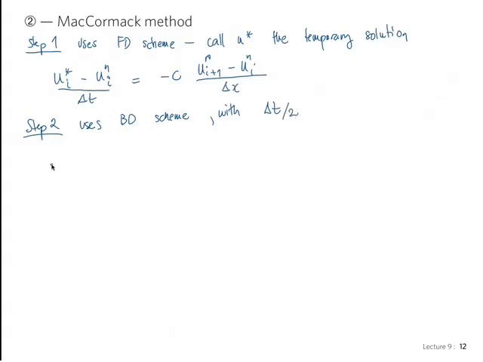So we have (U^(n+1) at i minus U^(n+1/2) at i), correct, 1 half here. And so this is divided by delta t half now, equals minus c. And here we use the predicted values, the temporary values of the solution at i and at i minus 1.